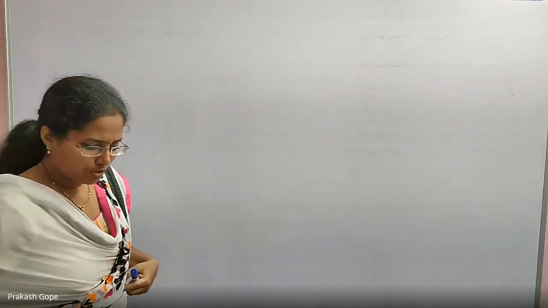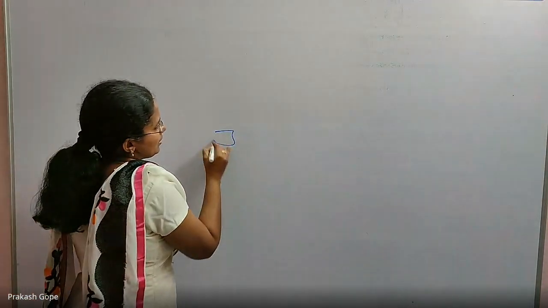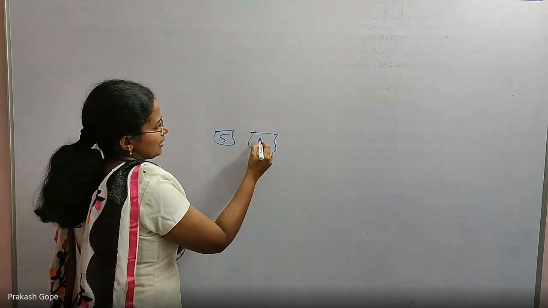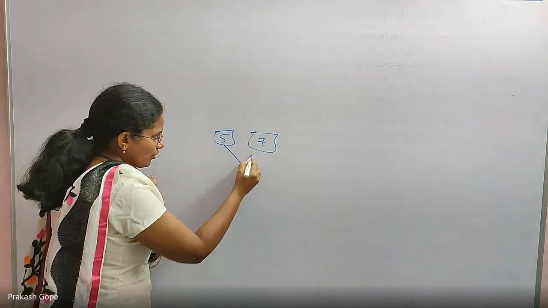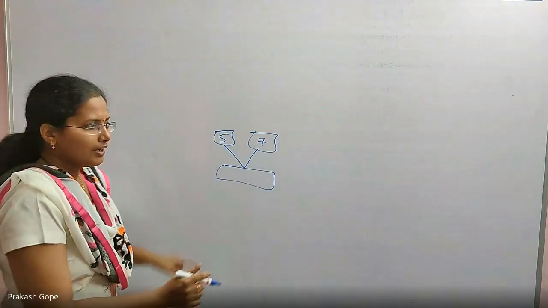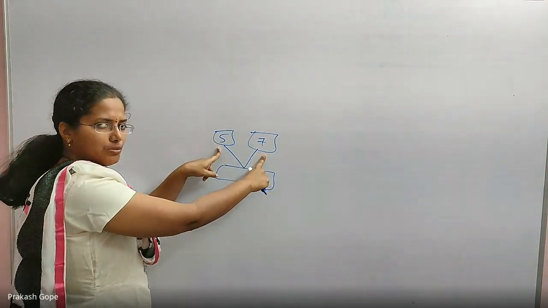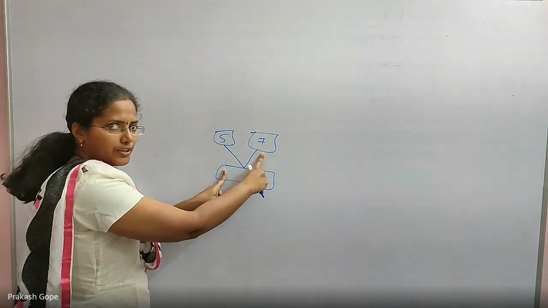Yeah, this is about merge sort, right? In merge sort, this is element 5, this is element 7. Individually they are sorted. If I have to merge these two files into one single sorted array, I have to do a comparison between these two elements. Whichever is smaller, I will copy that first.